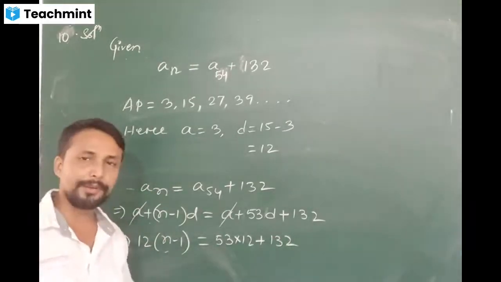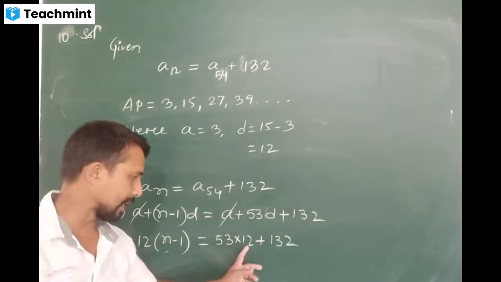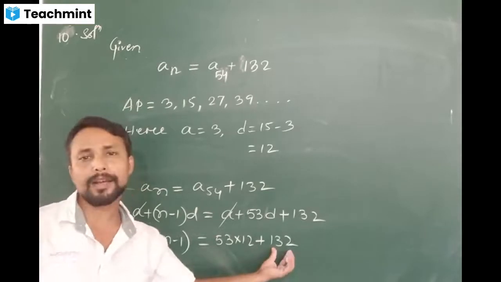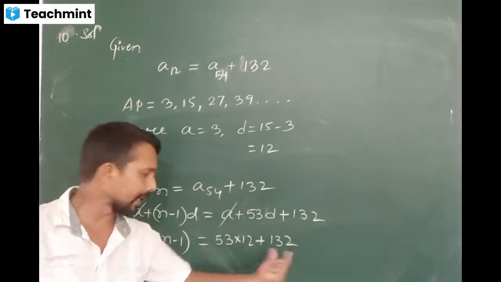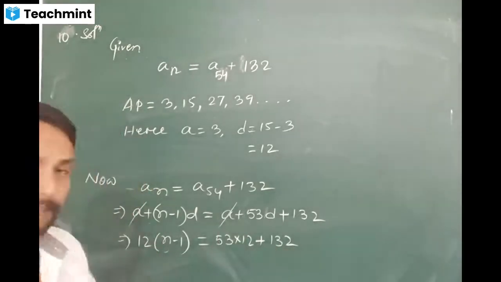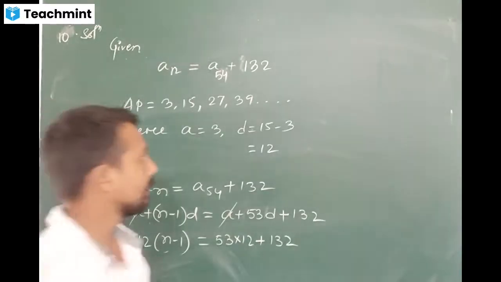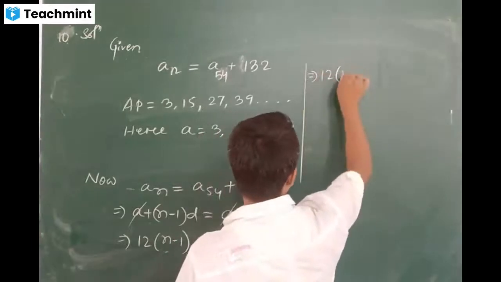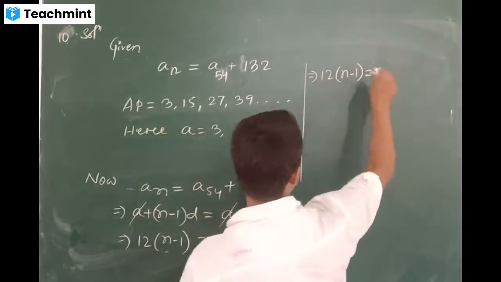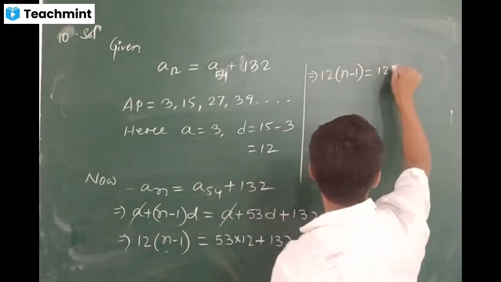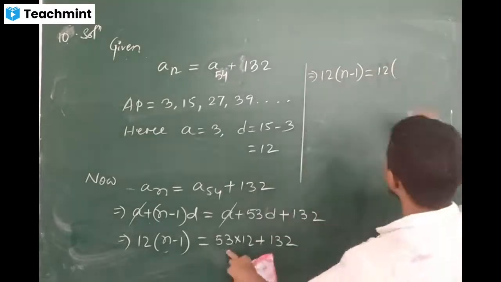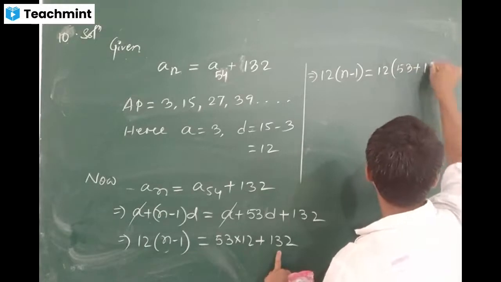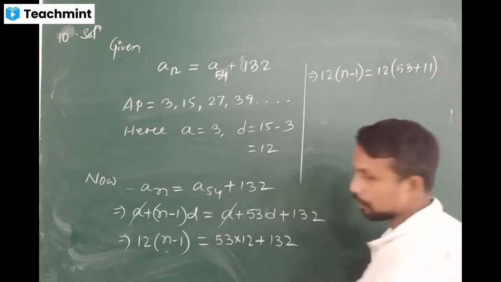Either you can multiply and add this, or since 12 is here and 132 is also a multiple of 12, we can take 12 as common so that we can cancel also. It can be done in another way: 12 into n minus 1 equals 12 into 53 plus 11, since 132 is 12 into 11.